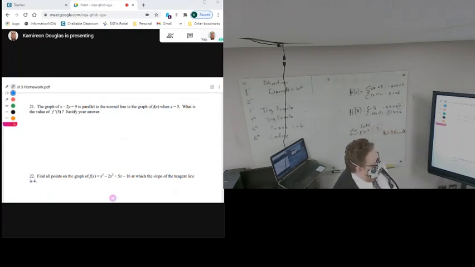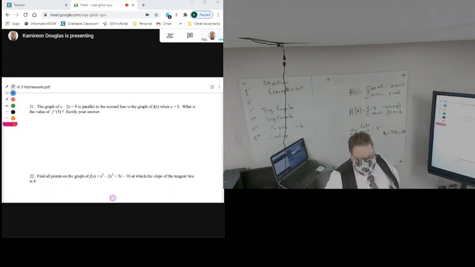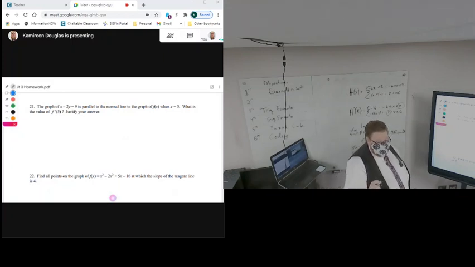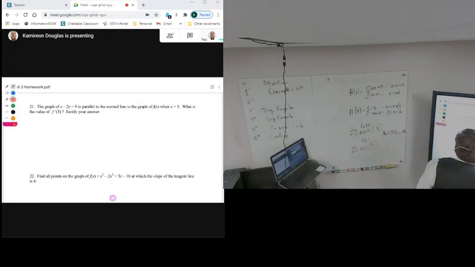It is parallel to the normal line. What does the word parallel mean? Very visual, yes, love it. In calculus, what does that mean? There's a couple ways we can talk about it. That's the visual form, like a geometry style answer. How do we talk about parallel in Algebra 1? Same slope. So what's it say?